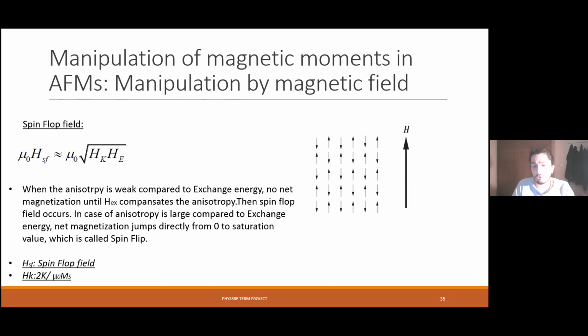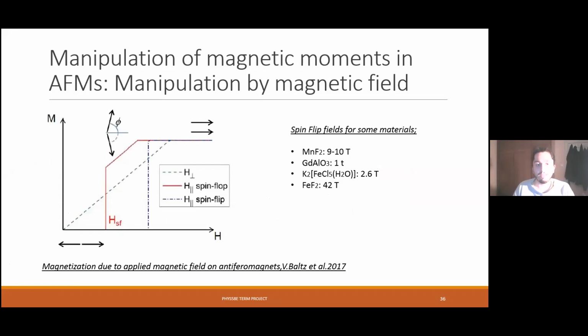In case the anisotropy is large compared to the exchange energy, net magnetization jumps directly from 0 to the saturation value, which is called spin flip. In this graph, it can easily be seen. As you can see, there are some spin flip and spin flop fields for antiferromagnets, and this is the field applied perpendicularly. And the spin flip fields for some materials are given below.